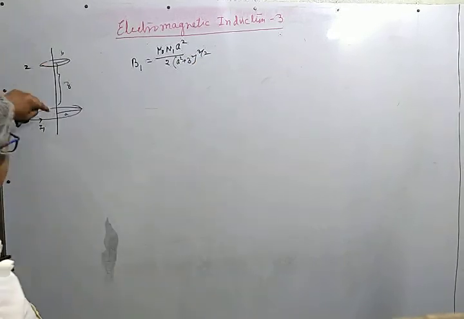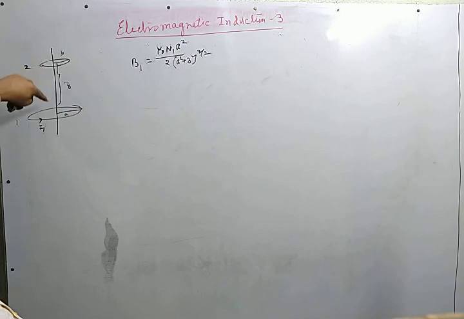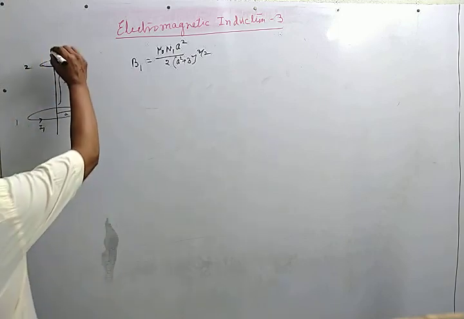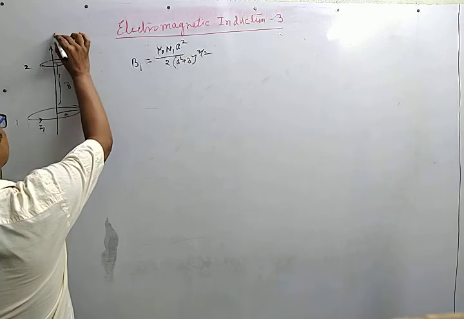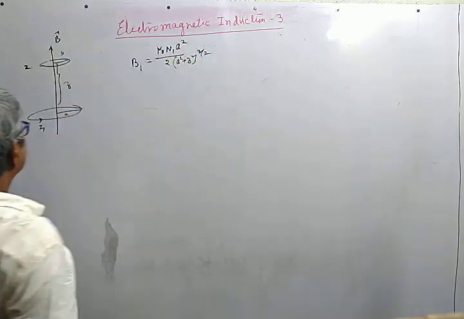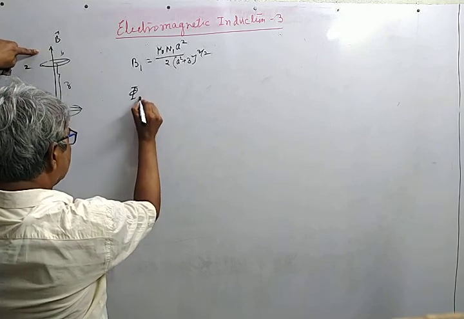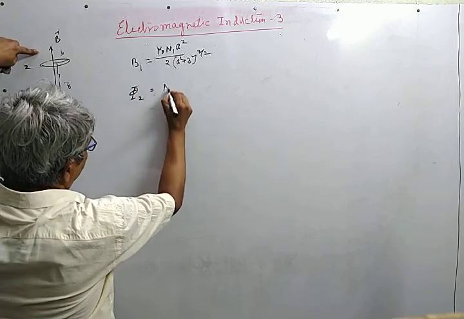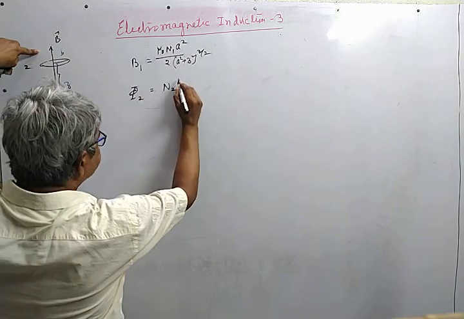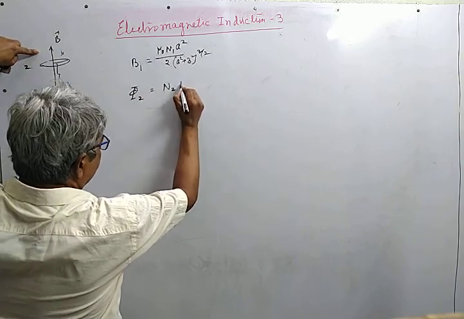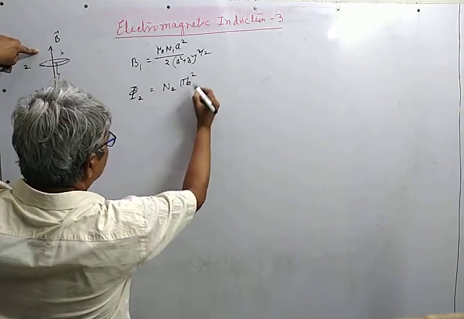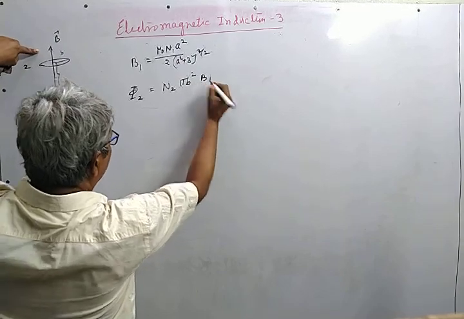So we consider the field at an axial point due to a circular current carrying conductor. The field is along this direction. This is the direction of B. So the flux linked with the secondary, number of turns in it, its area pi B square, times B1.